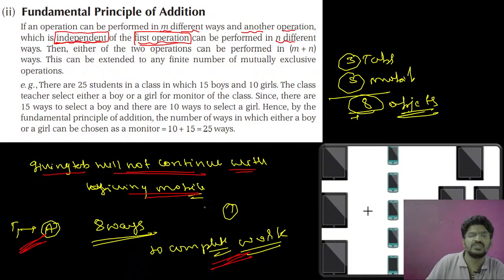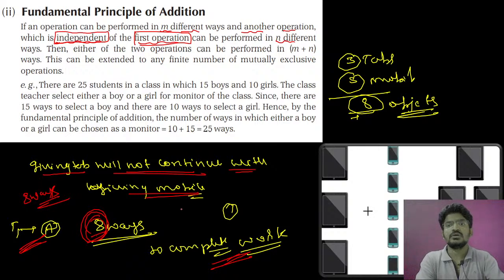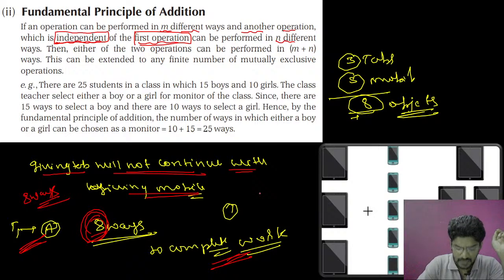So if these 2 independent events are present, you have 8 ways. Clear? So from that we can say we can complete this work with 8 different ways. Clear? Okay. I think all of you have understood this. So quickly tell me fundamental principle of addition and fundamental principle of multiplication. Have you understood this?